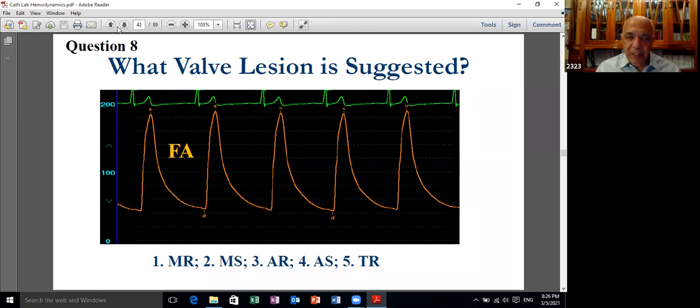What is the valve lesion which is denoted by this pulse waveform? This is a femoral artery pulse waveform. If you look into this, this is the typical Corrigan's pulse of aortic regurg. It can also be encountered in patients with arteriovenous fistula. Sometimes you get a patient on hemodialysis with a significant arteriovenous fistula.